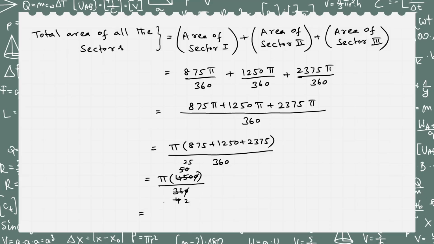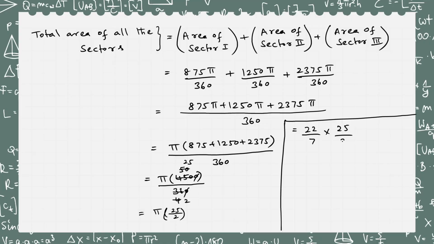So finally we are having pi into 25 by 2, and pi's value we can put now. So 22 by 7 into 25 by 2. So we can cut here 2 11 times. So this will be 275 divided by 7.